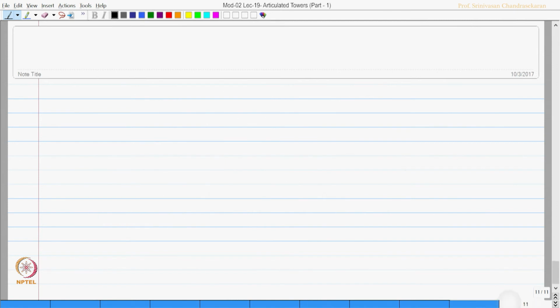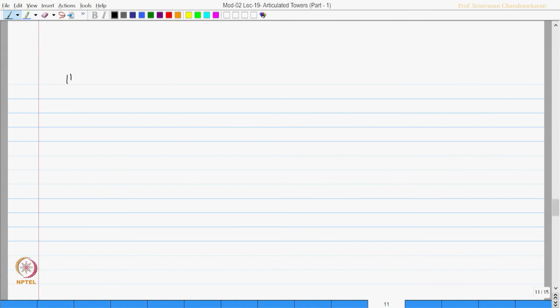Okay. Having said this, the hydrodynamic force per unit length at two nodes, let us consider two nodes, node i and i plus 1, of element j.